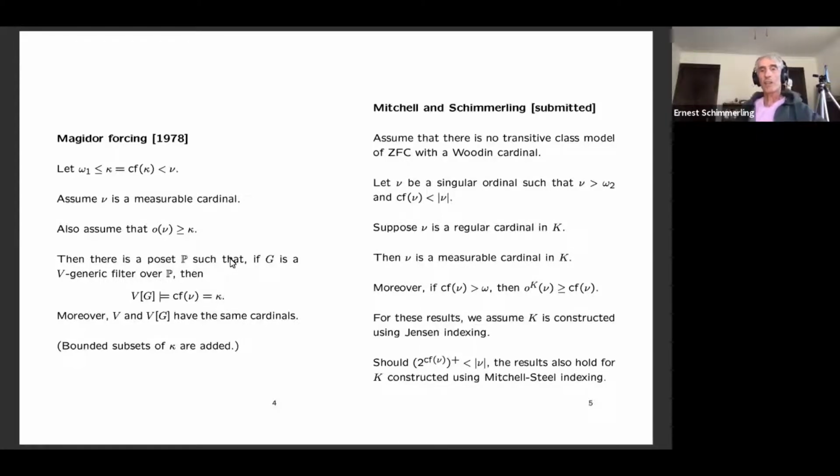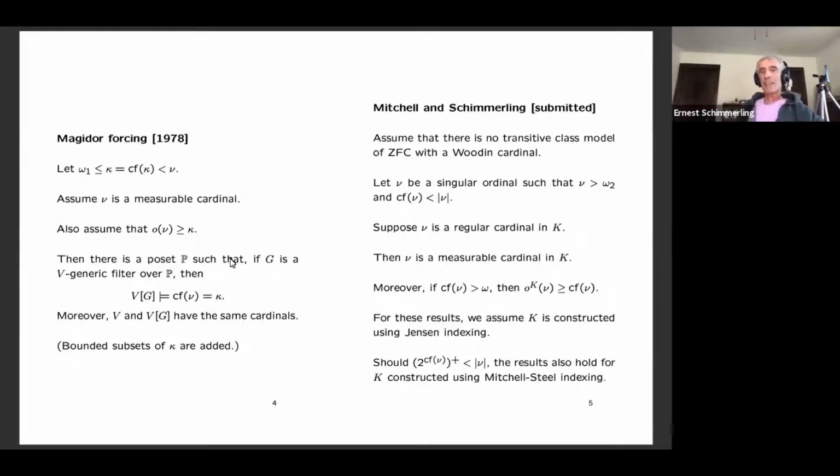Okay, and then there's a technical caveat that I'll mention now and then I'll mention again later. There are two flavors of inner model or extender model in vogue, and maybe there's some that are less in vogue, but those are the two main ones. The style that is assumed for the results above is that K is constructed using Jensen indexing.